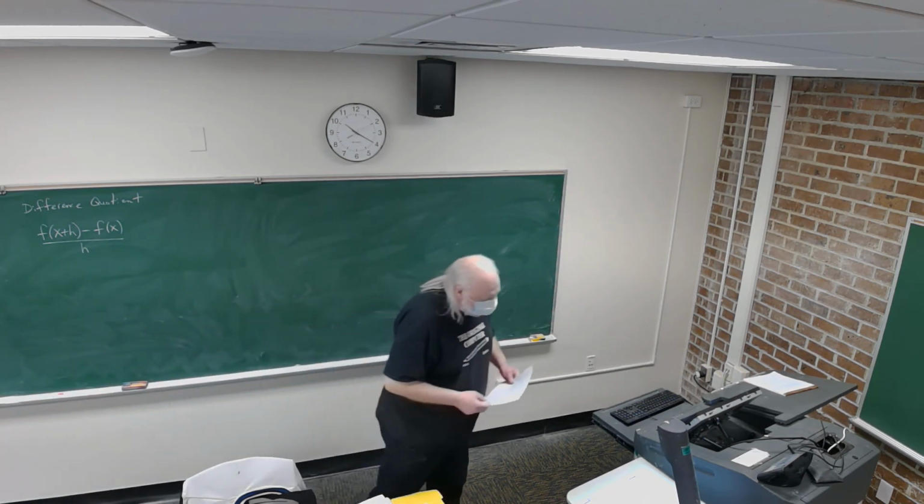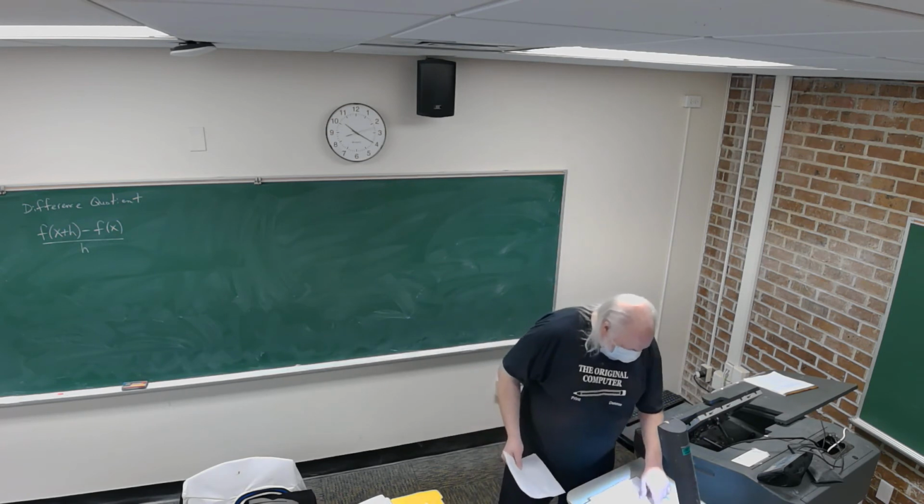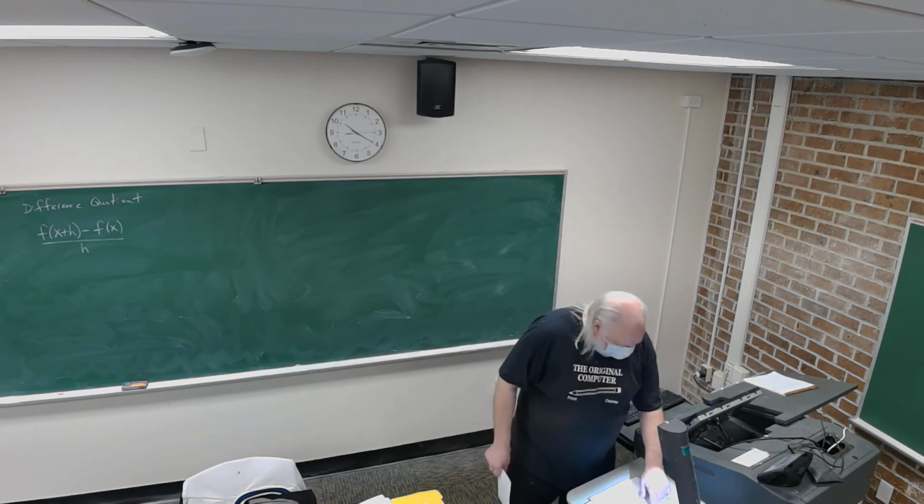So in the first problem, example 1, f of x is a quadratic function, right? f of x is equal to 4x squared minus 2x plus 9.